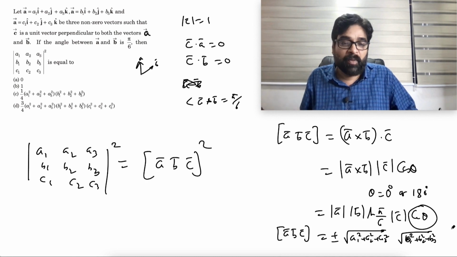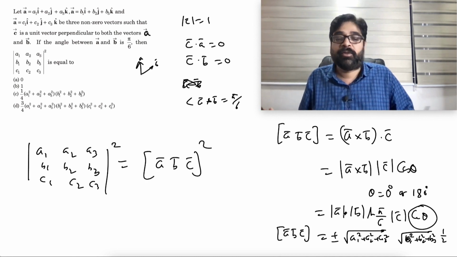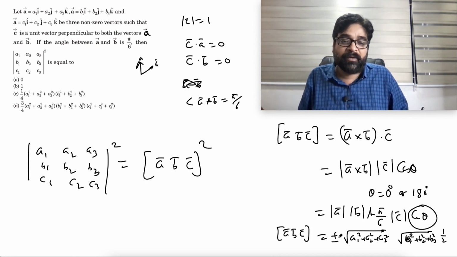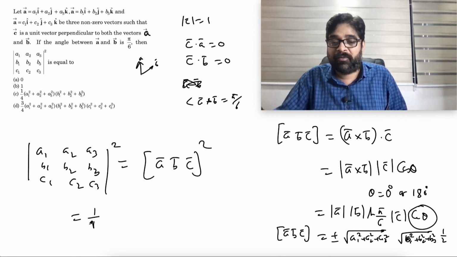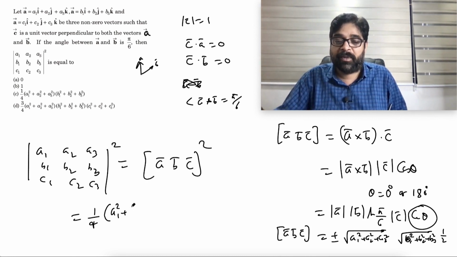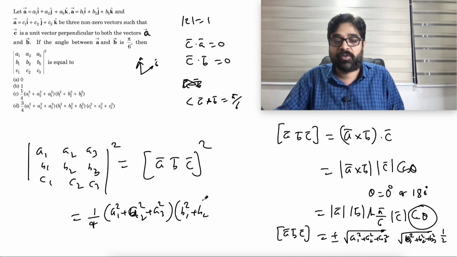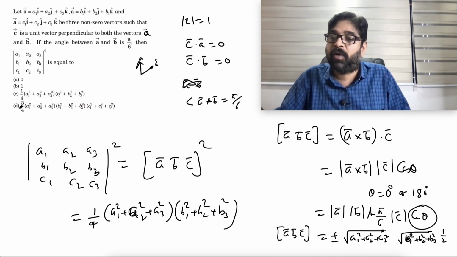And mod C is 1 and sine pi by 6 is 1 by 2. So this is whole square. If you take the square, the plus minus disappears and we get 1 by 4 into A1 square plus A2 square plus A3 square into B1 square plus B2 square plus B3 square. I'm sure it's clear to everybody. The answer will be C.